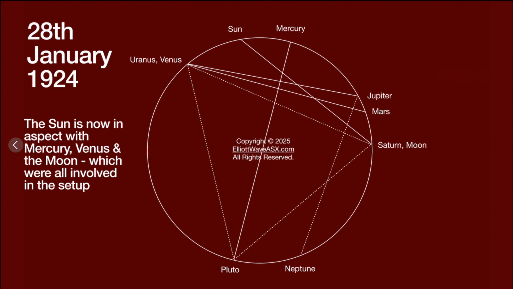So if we go to the 28th of January 1924, which was the low, we can see now that the Sun is now an aspect with Mercury, Venus and the Moon, which were all involved in the original setup, and that's the key.